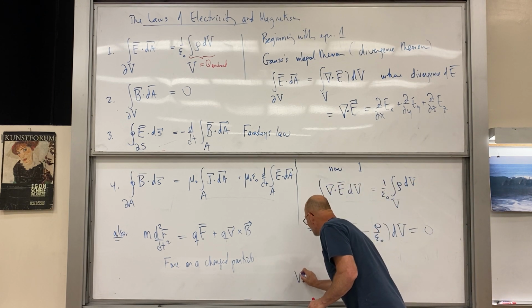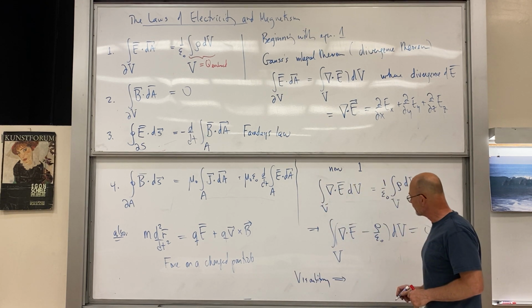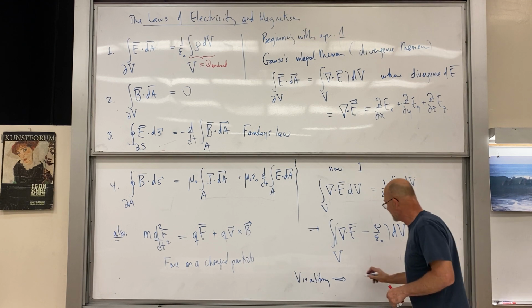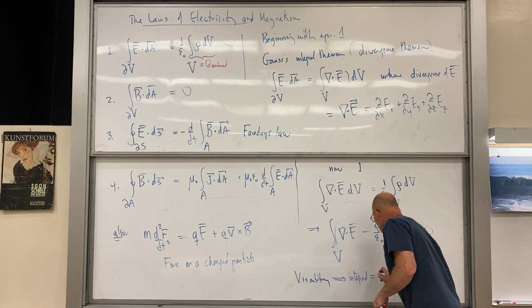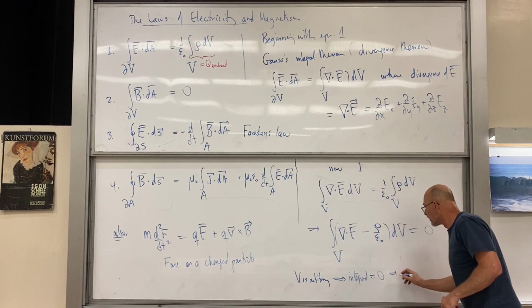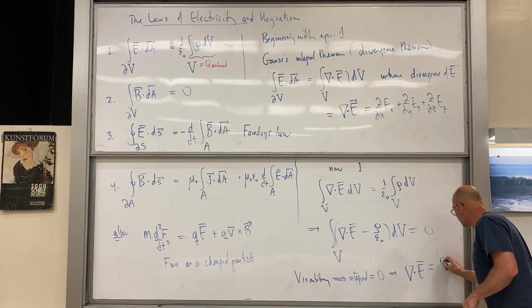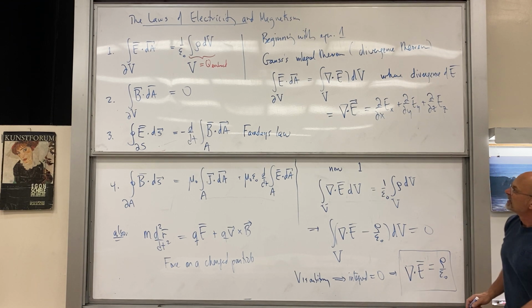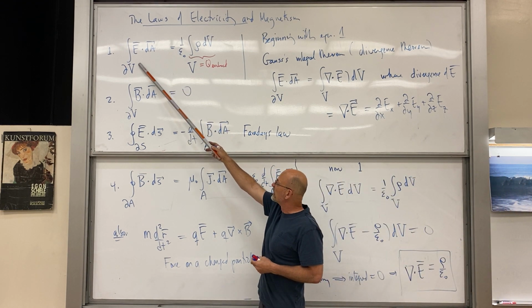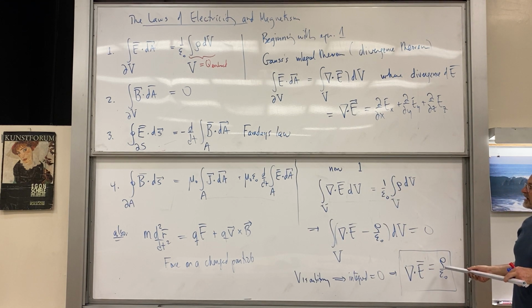So V is arbitrary, therefore the integrand vanishes, equals 0, therefore divergence of E is equal to rho over epsilon naught. Okay, so this is a differential equation. This was an equation with integrals. This is a differential equation as advertised.